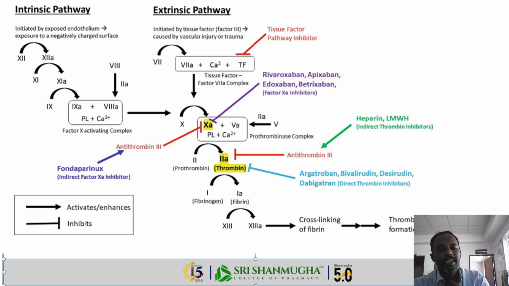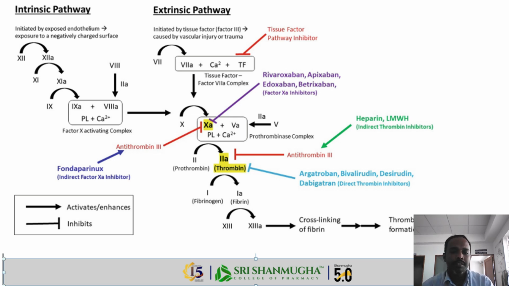First, 12 is converted to 12A. 12A assists the conversion of 11 to 11A. 11A assists the conversion of 9 to 9A. 9A combines with 8A and calcium to form the factor 10 activation complex, leading to the formation of 10A.